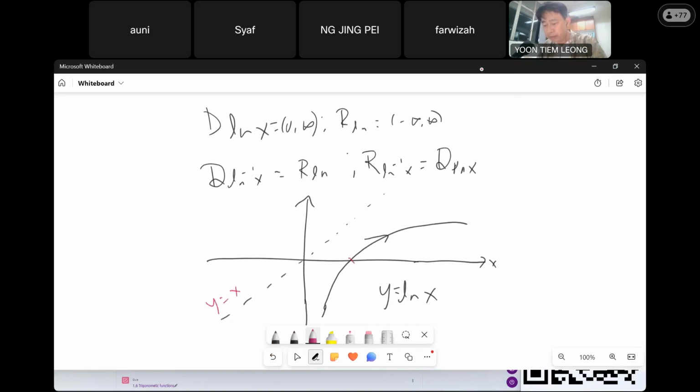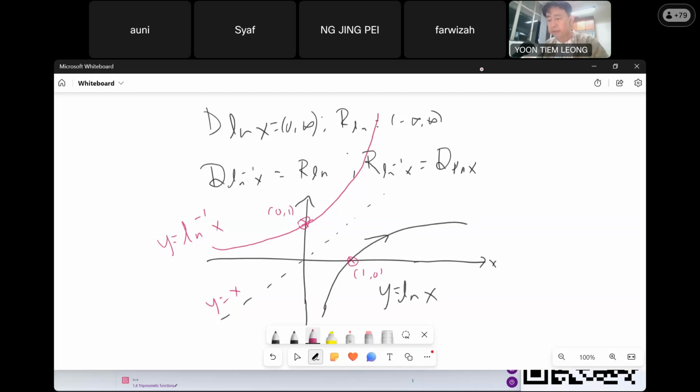Then this point, which is cutting through the x-axis at (1, 0), would be projected onto the point (0, 1). And then the function would be like that. So this will be the graph of the inverse of the logarithmic function, and it will cut through this point, which is just the reflection of the point on the logarithmic function.